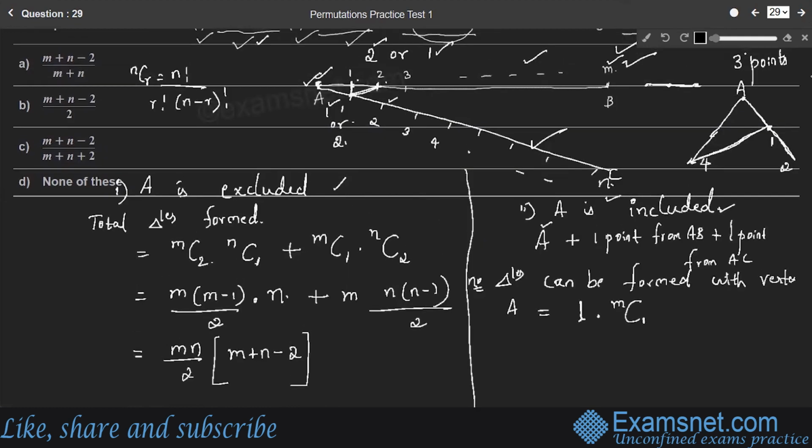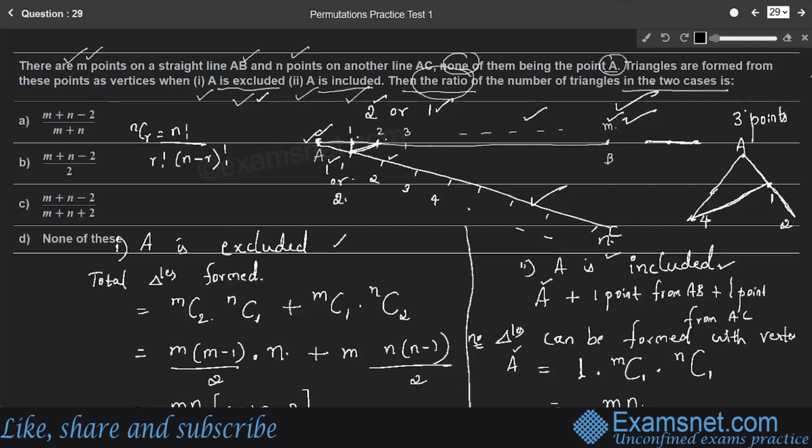Therefore, it is MC1 into NC1. With vertex A, you can form MC1 into NC1 number of triangles, where MC1 is m and NC1 is n. Therefore, mn triangles can be formed with vertex A.